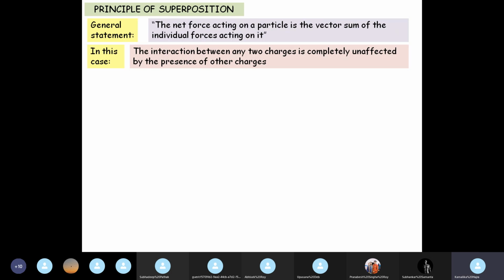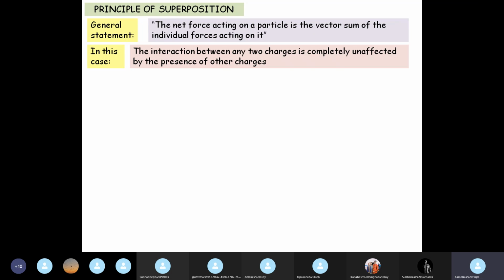So when there are several charges Q1, Q2, Q3, etc., acting on a single charge capital Q, we have to remember that the force of Q1 on Q is totally unaffected by the force of Q2 on Q or Q3 on Q. All these forces between the individual pairs, Q1 and Q, Q2 and Q, Q3 and Q, are unaffected by each other.